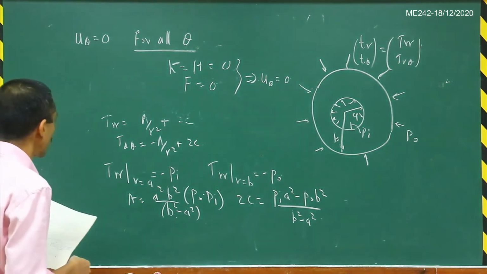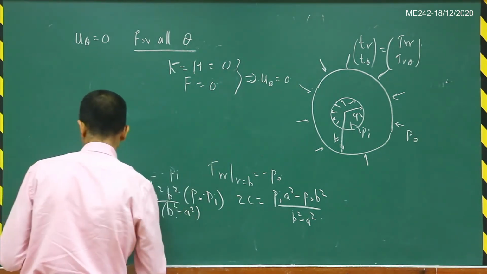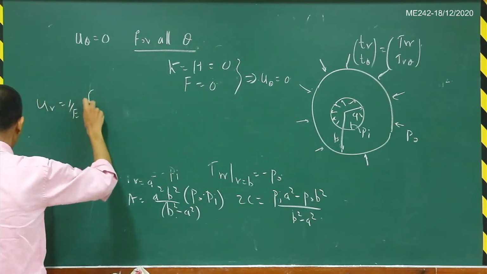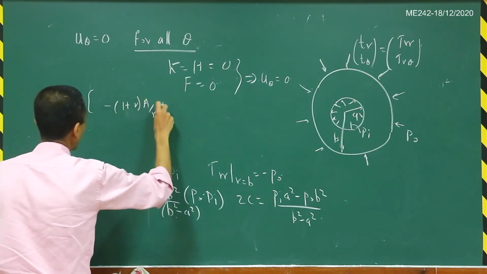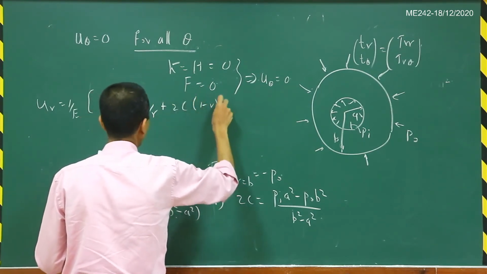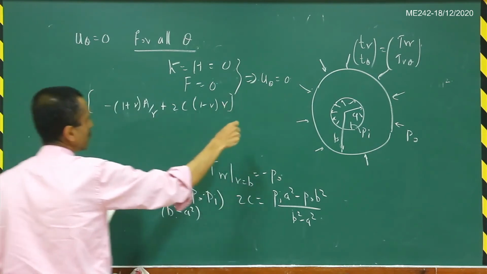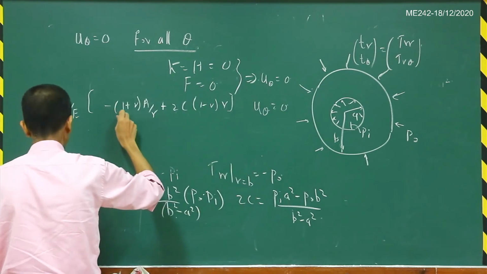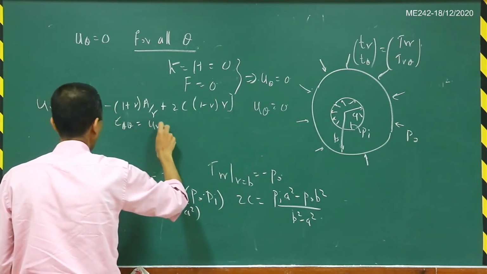From this, what you will get as the expression for ur now is as follows. ur is equal to 1 by E times minus of (1 plus mu) times A by r plus 2C times (1 minus mu) times r. u theta is 0, of course, and epsilon theta theta is equal to ur by r.